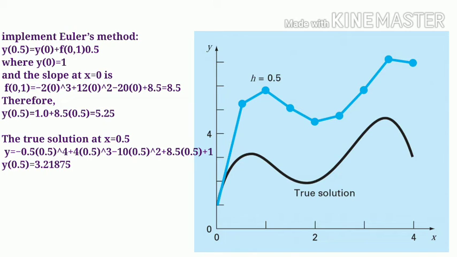So you can see in the graph there is a certain difference. On the black curve you will get the true solution at 0.5, that is 3.21, and the solution from Euler's method is 5.25, that is the blue curve, and we have a number of discrete points.